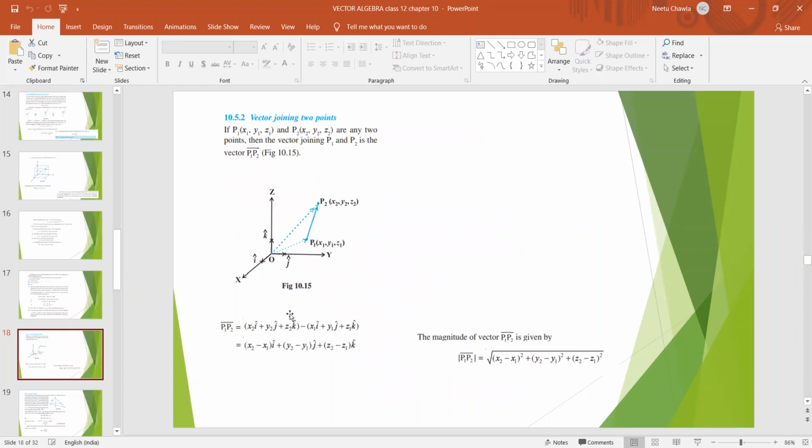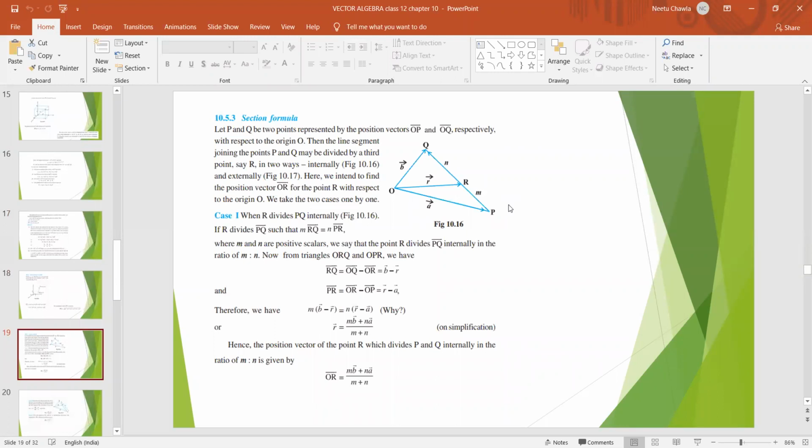So we'll be writing here x2 minus x1 i plus y2 minus y1 j plus z2 minus z1 k. And its magnitude will be given like this: under root of x2 minus x1 whole square plus y2 minus y1 whole square plus z2 minus z1 whole square. Whenever two points are given, this is how to write it. From P1 to P2, it is the given vector.